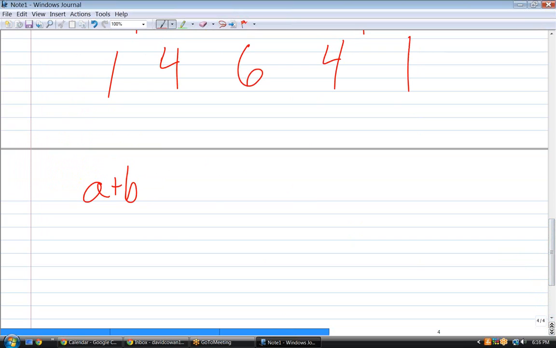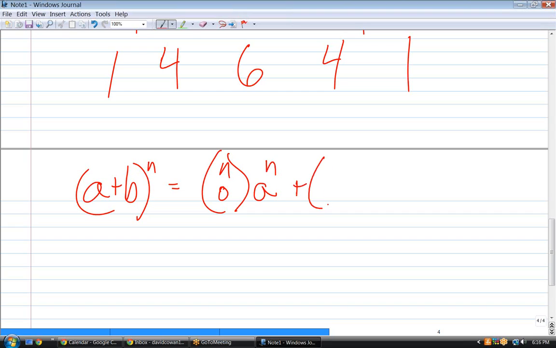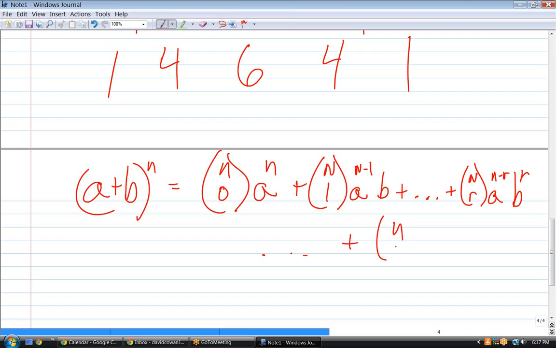A plus b to the nth power is equal to n choose 0 is the first coefficient times a to the nth, plus n choose 1 times a to the n minus 1 times b, plus dot dot dot n choose r times a to the n minus r, b to the r, dot dot dot plus n choose n times b to the nth.